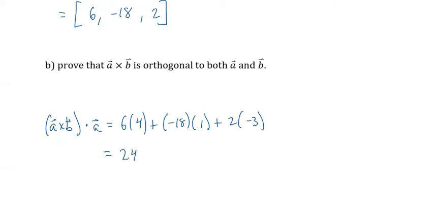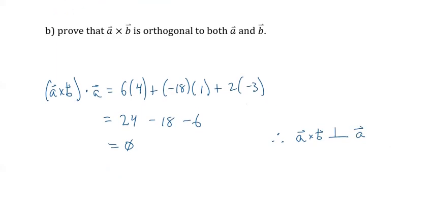Don't be surprised. 24 minus 18 minus 6, it's 0. Don't be surprised. It was supposed to work out that way. I already told you that this is what happens. If you wanted to check your work on a test, after you take the cross product, you could check and see to make sure that it's orthogonal to each quickly in your head or whatever. Double check, right? Therefore, A cross B is orthogonal or perpendicular to A. But we have to check both.